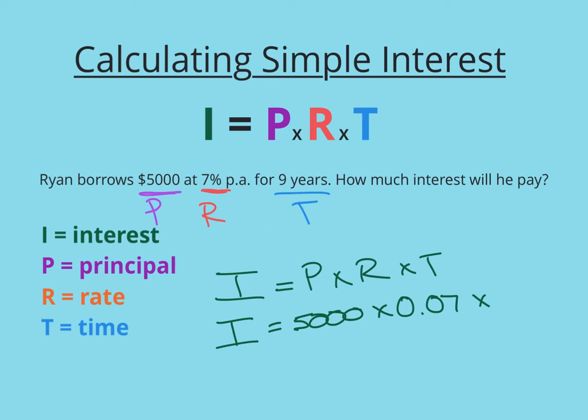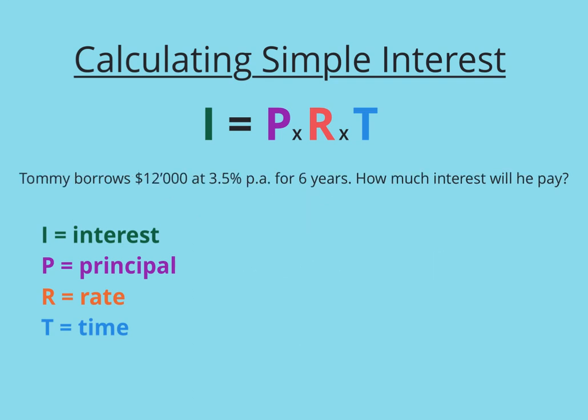Because our rate is per annum, our time is also yearly. So that'll just be times 9. So the interest that Ryan will be paying will be $3,150.